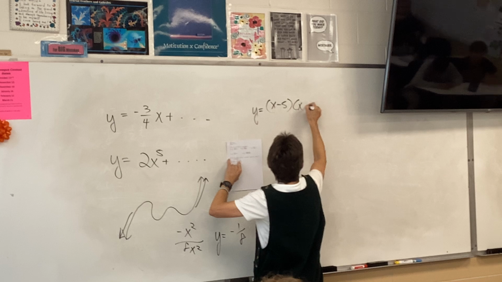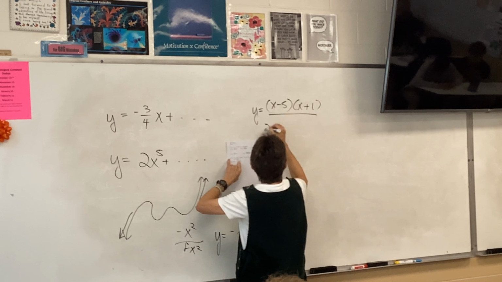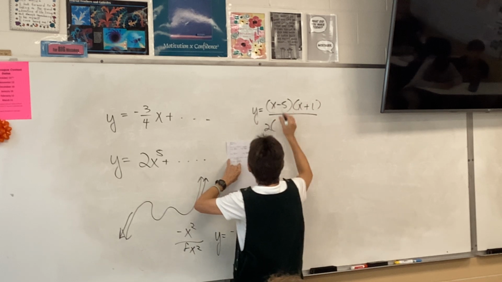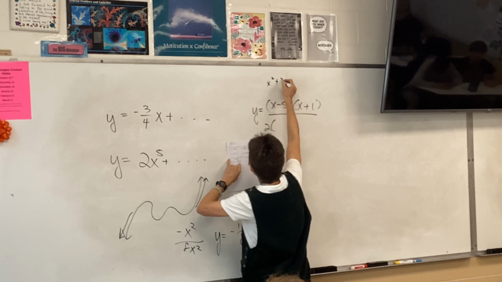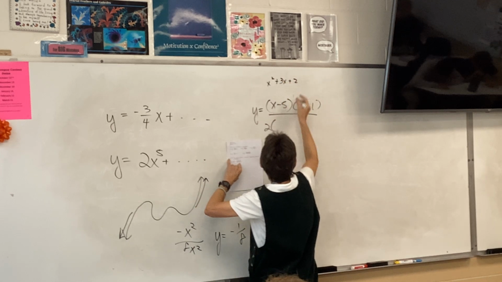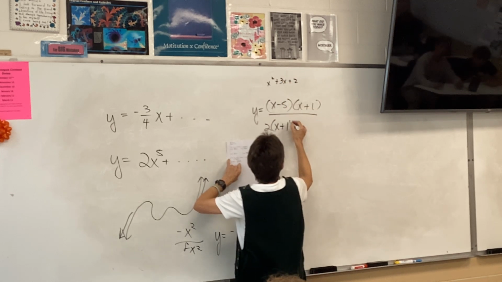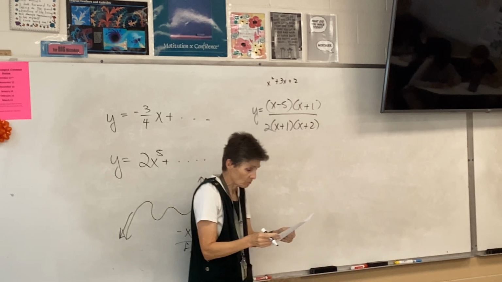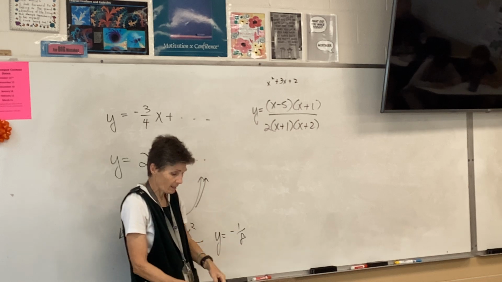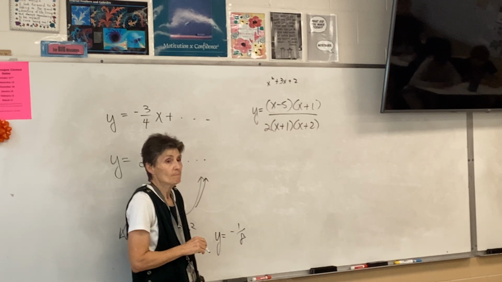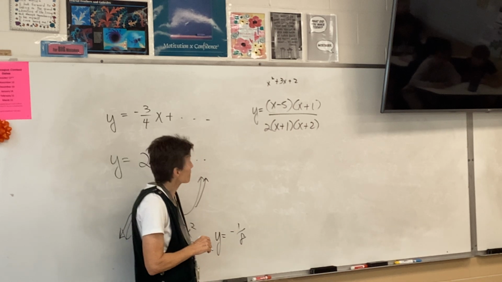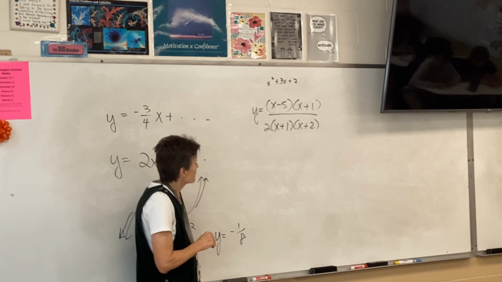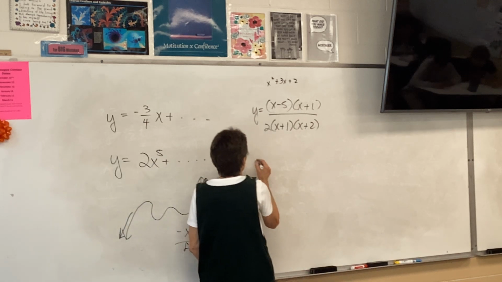Yeah, I think I will. All right, double check my factoring before I move on. I really don't want to mess that up. Is that okay? Yeah. All right, what do you notice about it?